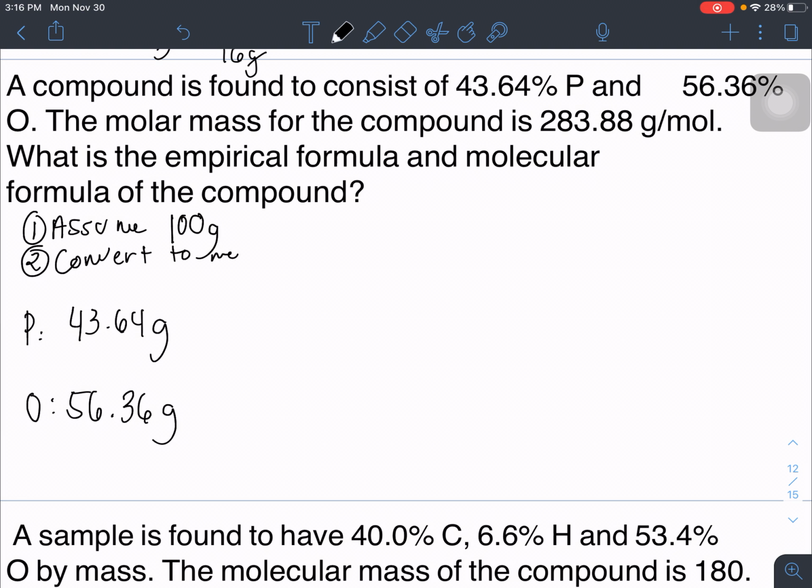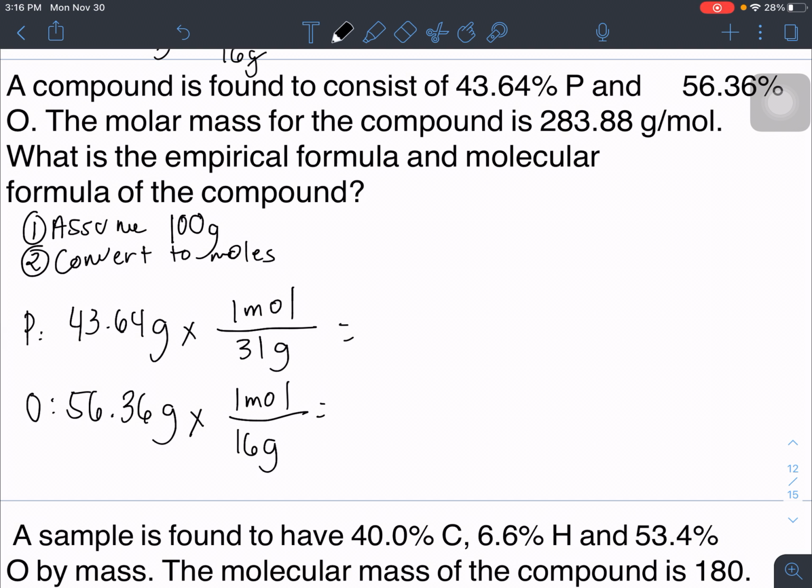Okay, so the next second step is to convert to moles. Okay, so this will be equal to 1 mole of phosphorus is equal to 31 grams. So that is written as the mass number in your periodic table. And for oxygen, 1 mole will be equal to 16 grams. Okay, so let's find out the answer.